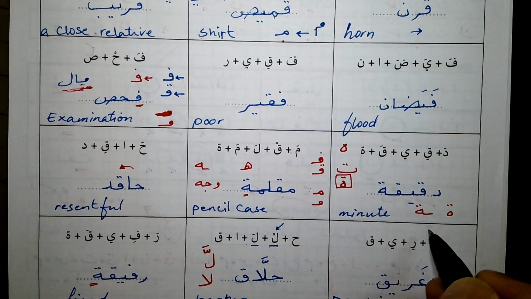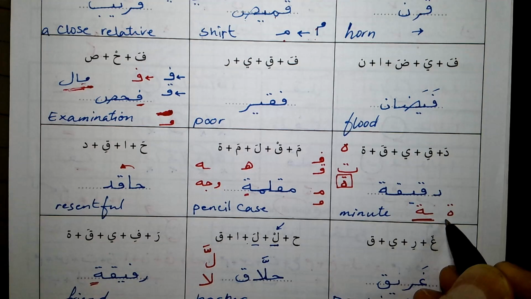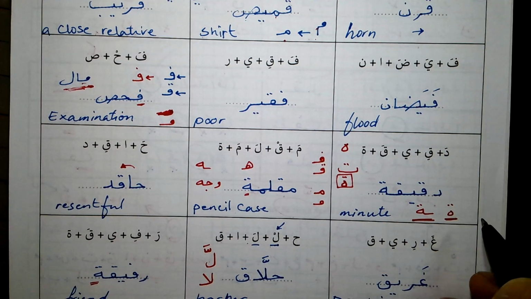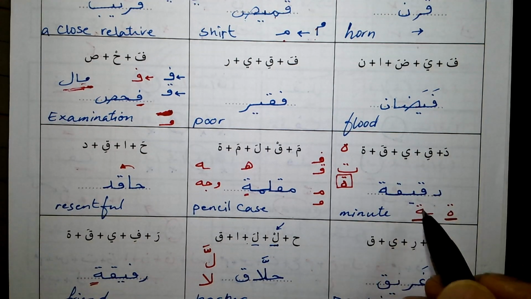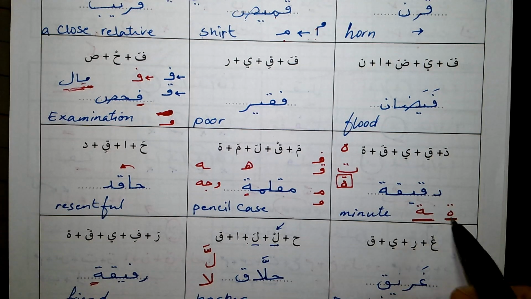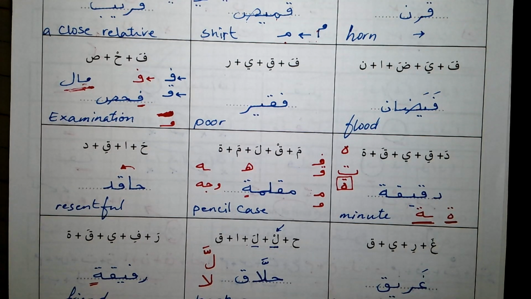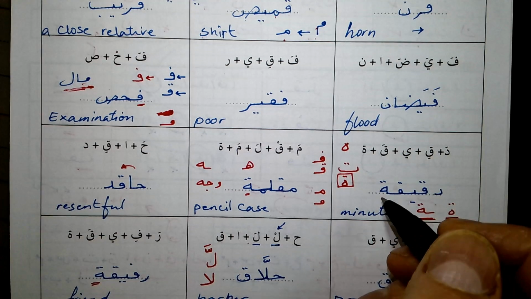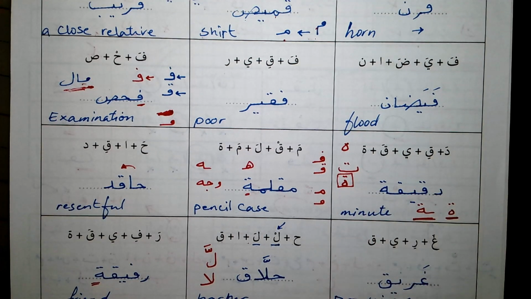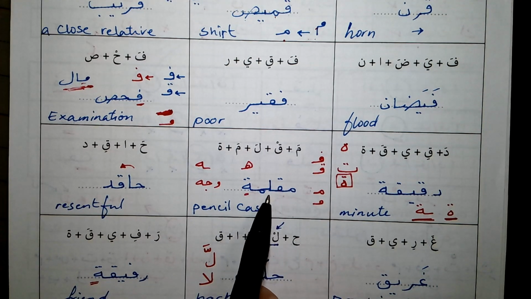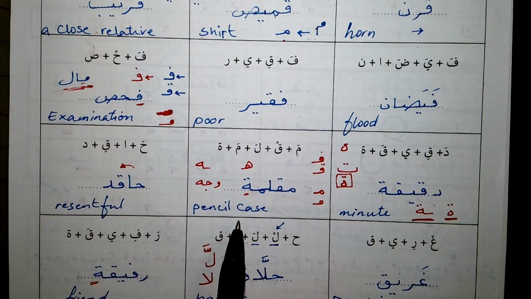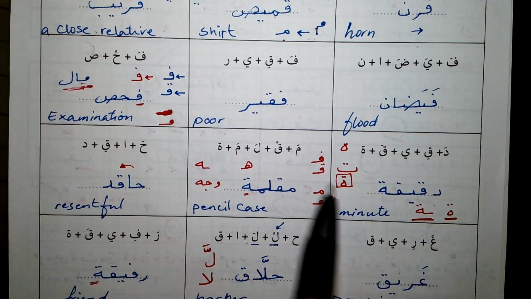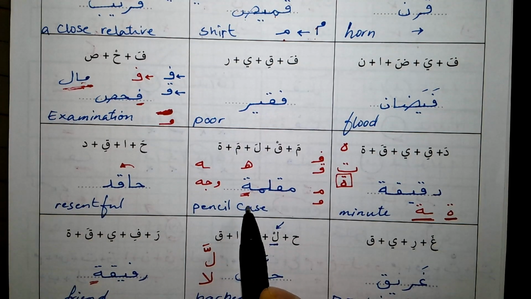And when it's connected, it looks like that. When it's not connected, it looks like that. It's just a regular ta, but it's drawn or written differently. And it only comes at the end of the word. So if you can see in the next word, maqlama, which means a pencil case, we have ta marbuta at the end.